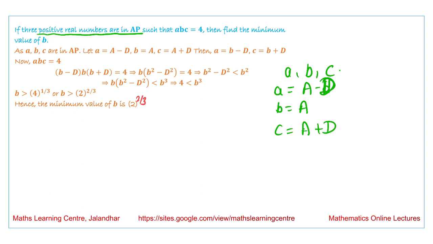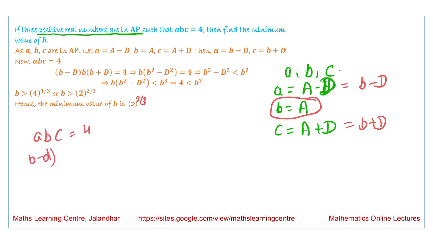If we substitute B in place of A in all these equations, this will become B minus D and this will become B plus D. So we get B into (B minus D) into (B plus D) is equal to 4. On multiplying these terms, we obtain B into (B square minus D square) is equal to 4.